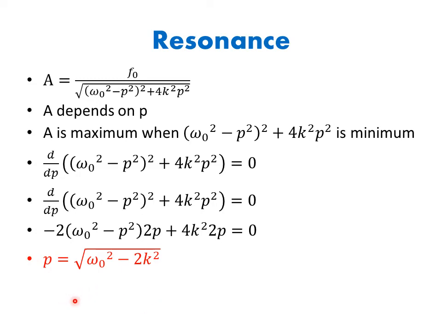This means when the driving frequency is equal to this much, the amplitude of the oscillations will become maximum. That situation is what we call resonance. That means under a particular driving frequency, when the amplitude of the oscillation becomes maximum, that phenomenon is referred to as resonance. In this equation, omega 0 is the natural frequency and k is the damping constant.